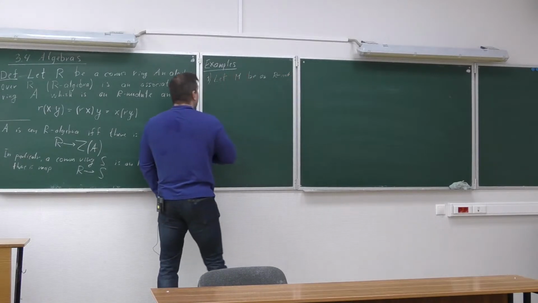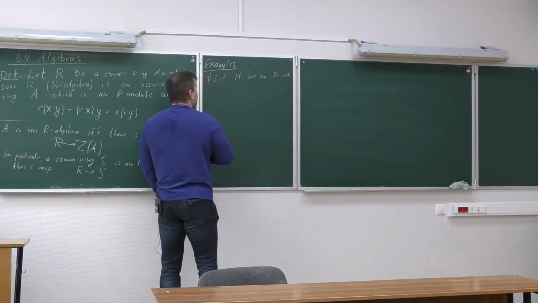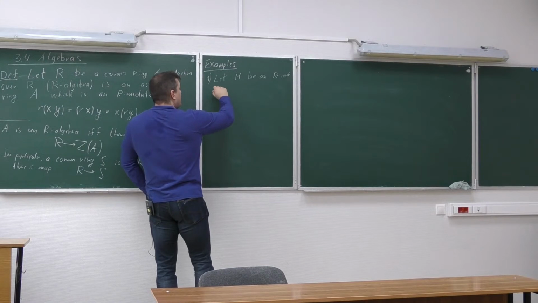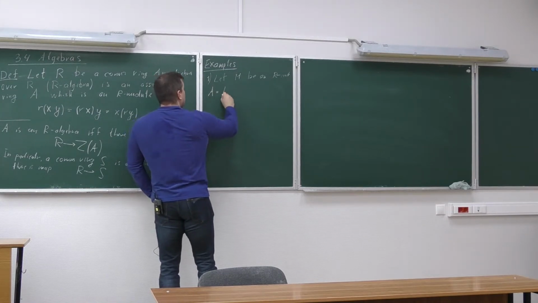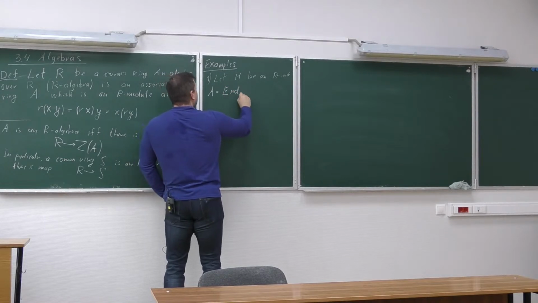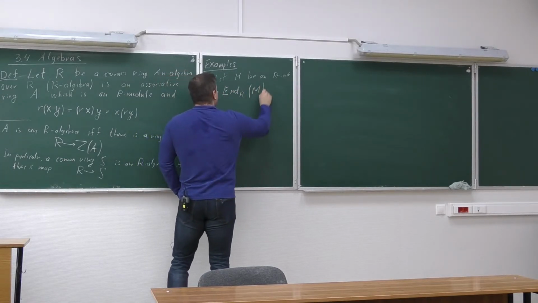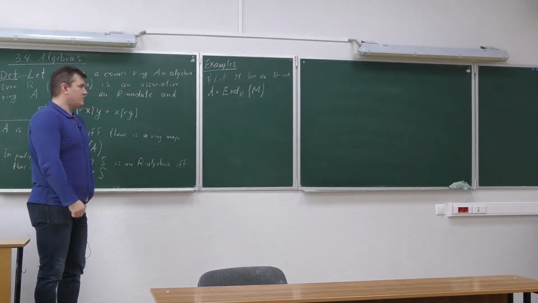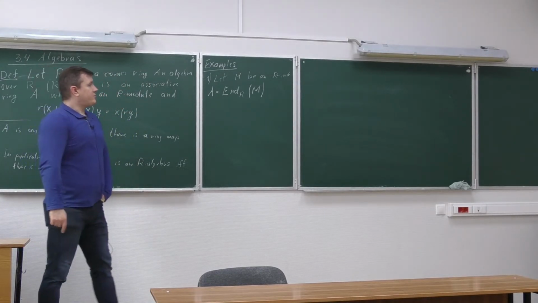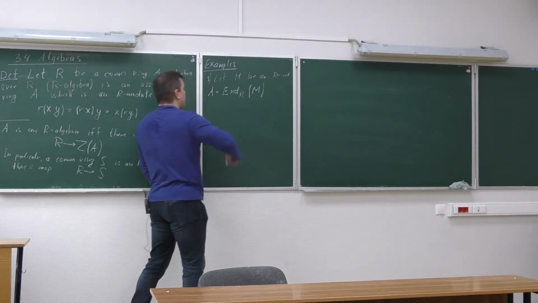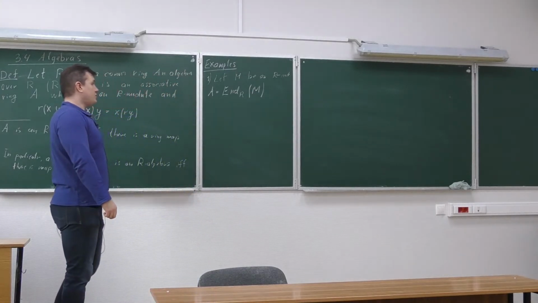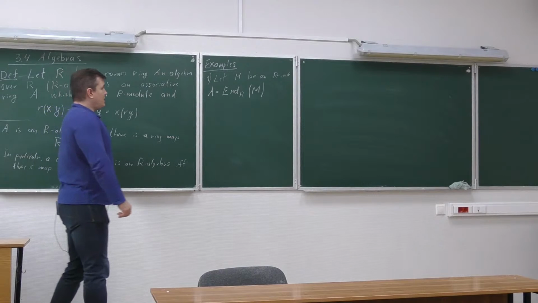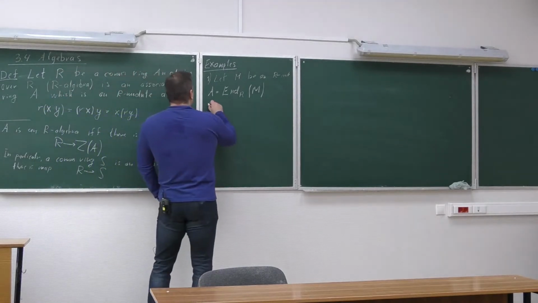Then we always have the following algebra A, non-commutative in general, which is just the endomorphism algebra over R of the module M. You've probably seen this algebra many times before. It's just the maps from M to M, and the algebra multiplication is just the composition of the maps. So that's a non-commutative algebra over the ring R.